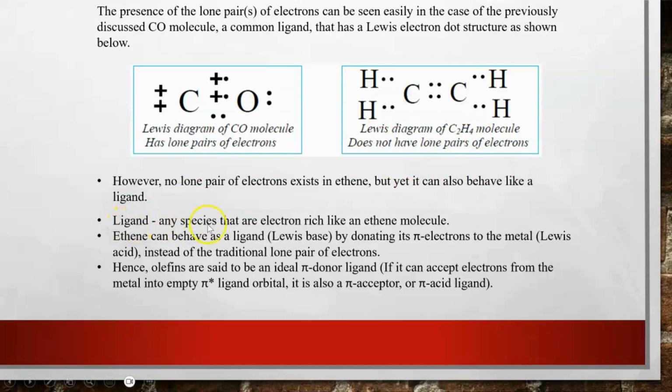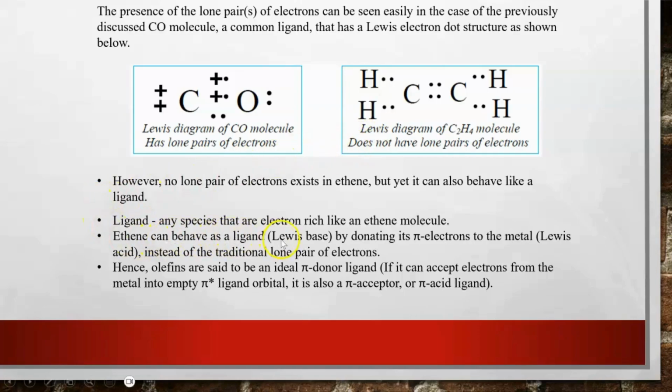A ligand is actually any species that is electron rich, like an ethene molecule. The CO ligand contains electrons which can make a bond with the metal center through the lone pair, but ethene is also an electron-rich compound, so it can behave as a ligand too.